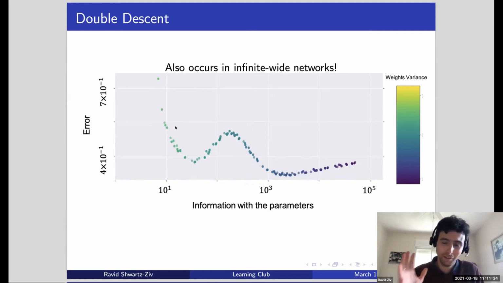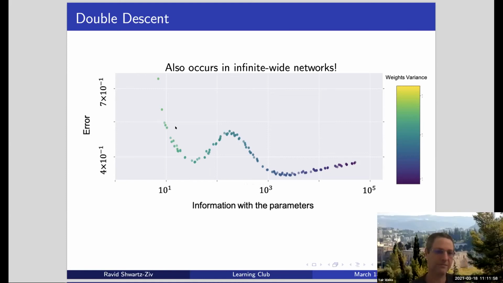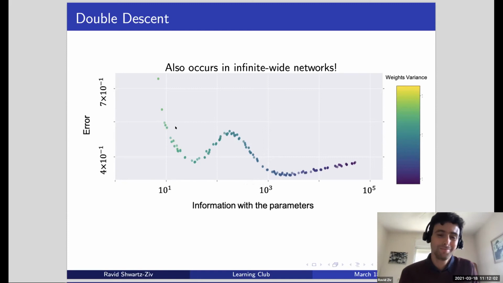But if the neural tangent kernel is a good approximation to neural networks, then you can look at the information. Okay, but I agree that it's not a specific network. Yeah, more questions? Okay.